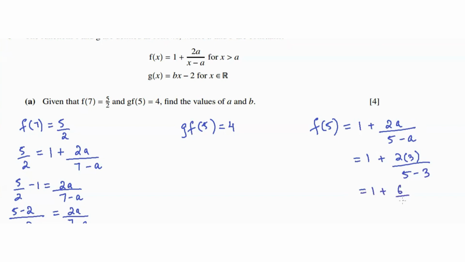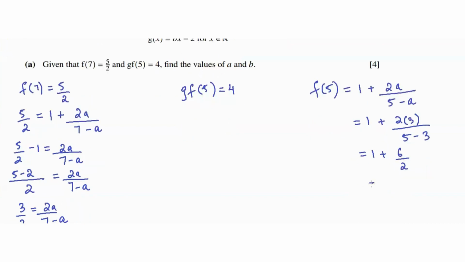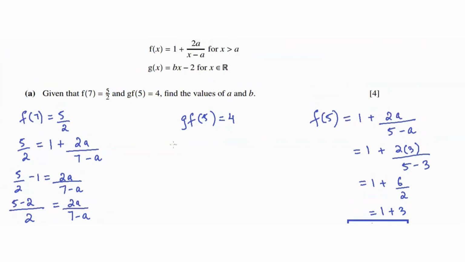1 plus 6 over 2, which is 1 plus 3, and that is 4. So this is your value of f of 5. Now we're going to substitute the value of f of 5 as the domain for function g. So it's going to become g of 4 equals b times 4 minus 2, and this g of 4 is equal to 4.